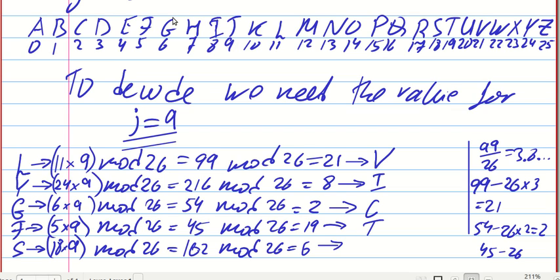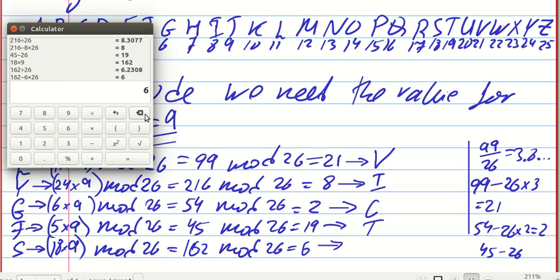Did I do it right? One more time, sorry. So 18, right, that's S. S is 18 times 9. 162 divided by 26 is 6.